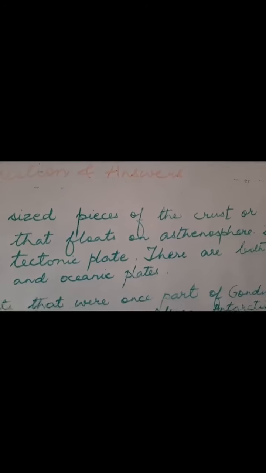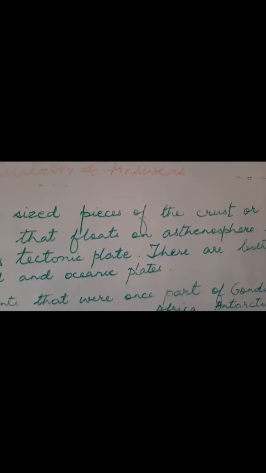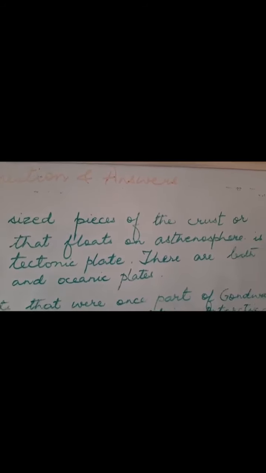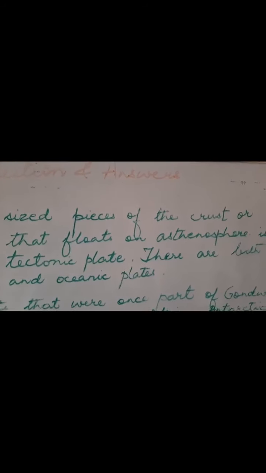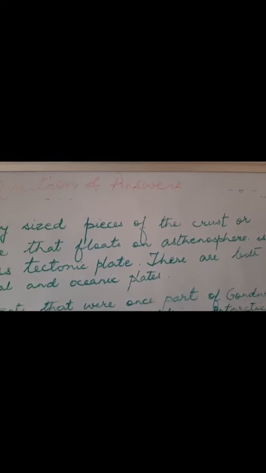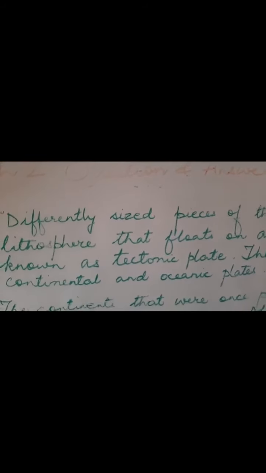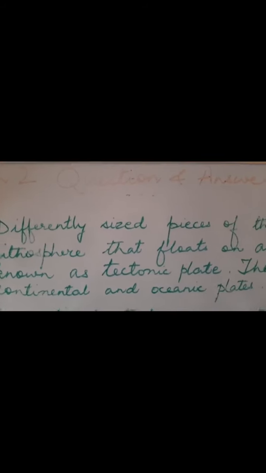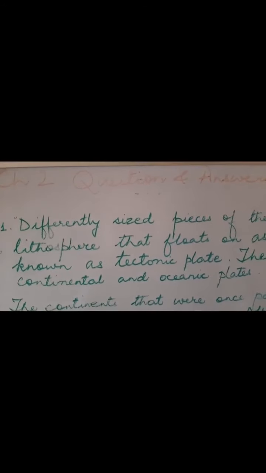So this asthenosphere layer is jelly-like. You must have eaten jam, jelly by this age of yours. So asthenosphere is semi-molten. It is jelly-like. So differently sized pieces of the crust or lithosphere that floats on asthenosphere is known as tectonic plate.